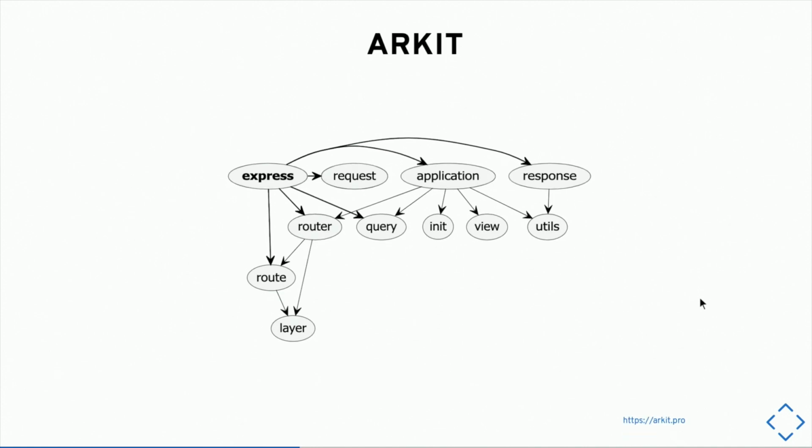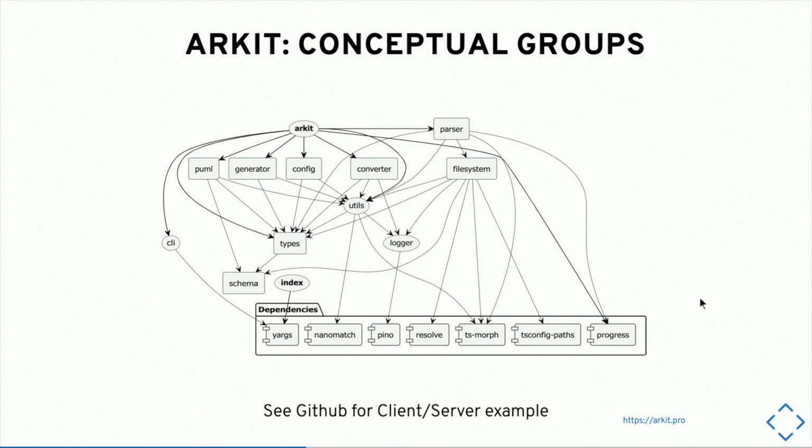ARKit as in architecture and not augmented reality. It builds a straightforward module dependency graph. It works with TypeScript and Webpack. You can look it up online. It gives you an ability to group your nodes with custom conceptual groups. Here at the bottom, we've grouped all our NPM dependencies together, but you could also do things like group all your client and server files.